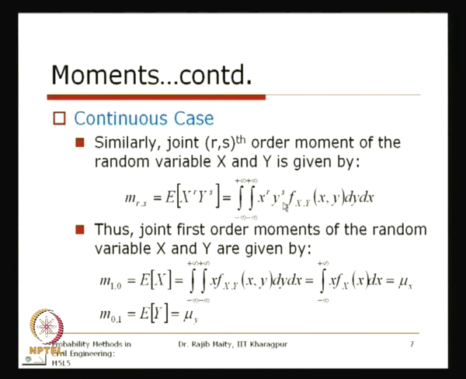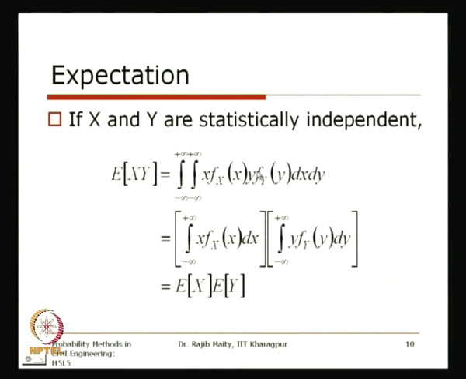Now, as we are saying they are statistically independent, that means the joint density is the product of their marginal densities. So, we separate out x multiplied by the marginal of x, and y multiplied by the marginal of y. Then we come to this form: x f(x) multiplied by y f(y) dx dy.